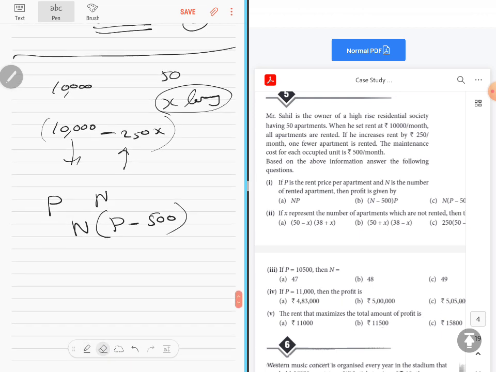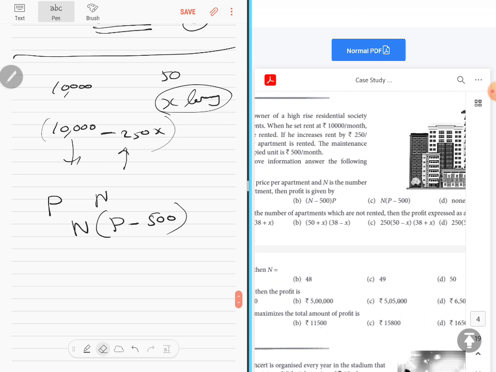So the answer is N into P minus 500. So C is the right answer.